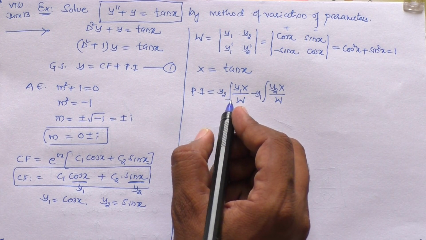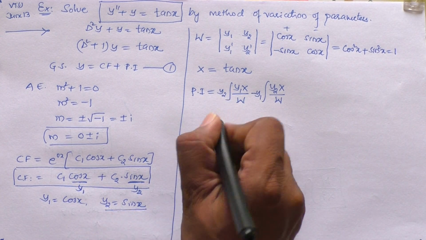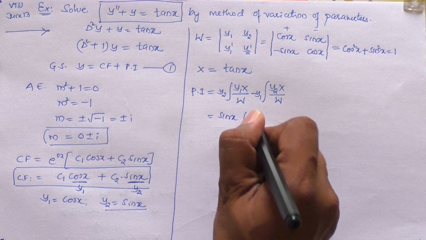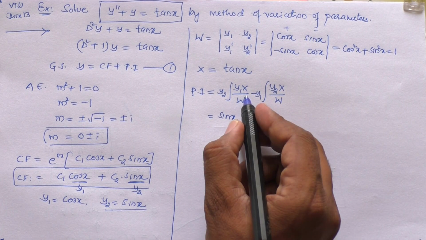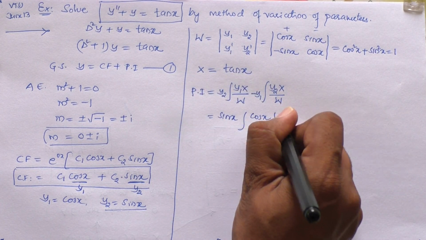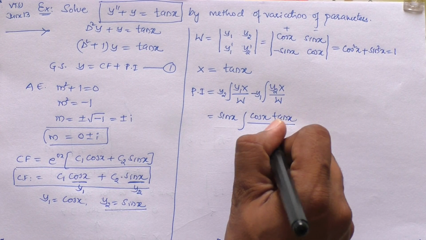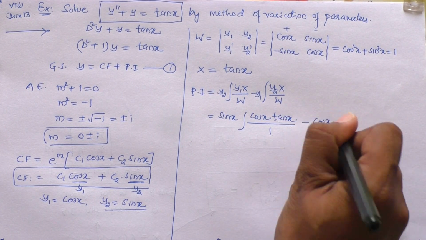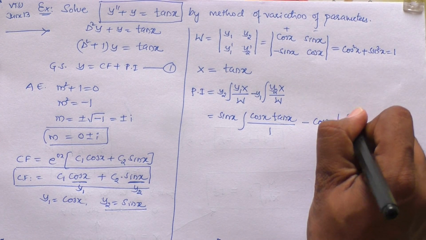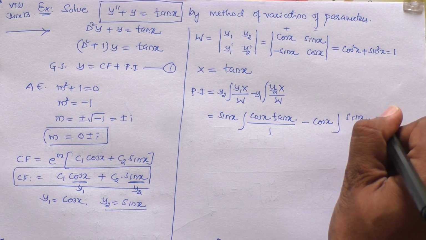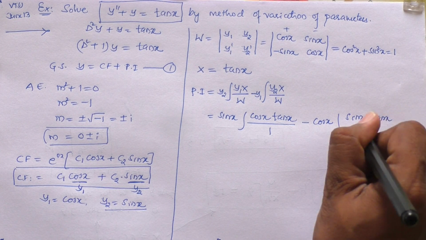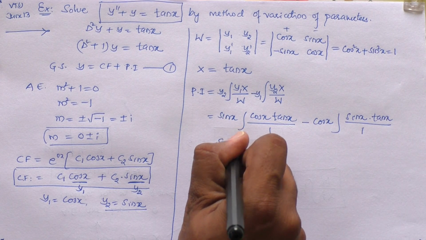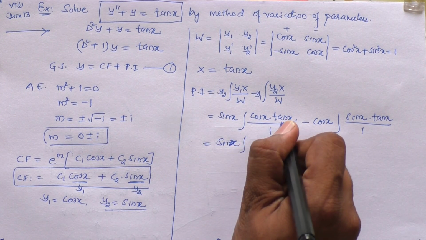So now substitute: y2 is sin x, integration of y1 cos x, capital X tan x divided by W 1, minus y1 cos x, y2 sin x, capital X tan x divided by W 1. Now sin x integration of cos x into tan x.